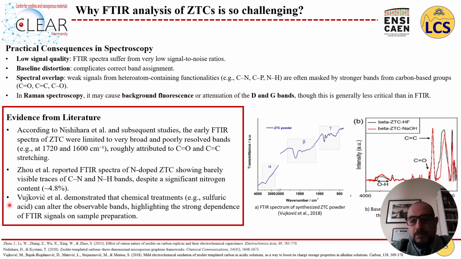This type of problem was evidenced also in the literature. For example, according to Nishihara et al., the early FTIR spectra of ZTCs were limited to very broad and poorly resolved bands, wrongly attributed to C-O.